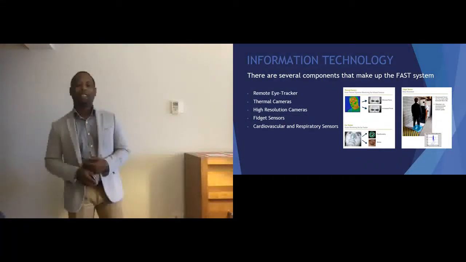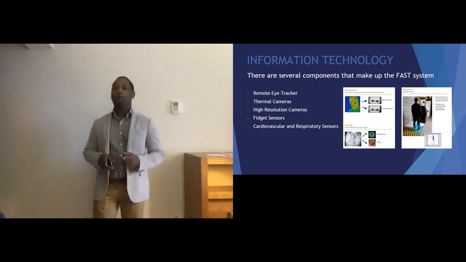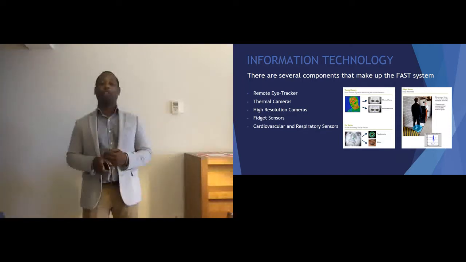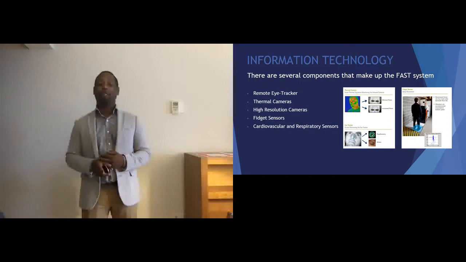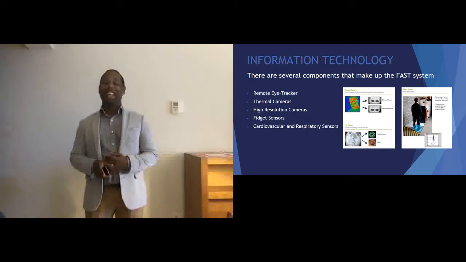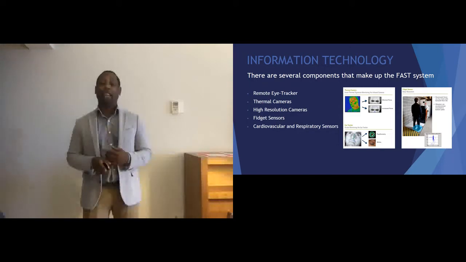The information technology. There are several components that make up the FAST system. First, the remote eye tracker, the thermal cameras, the high resolution cameras, fidget sensors, and lastly, the cardiovascular respiratory sensors. The remote eye trackers, as you can see here in the picture, can pick up the gaze of a person if the person is looking at one thing for a specific amount of time.